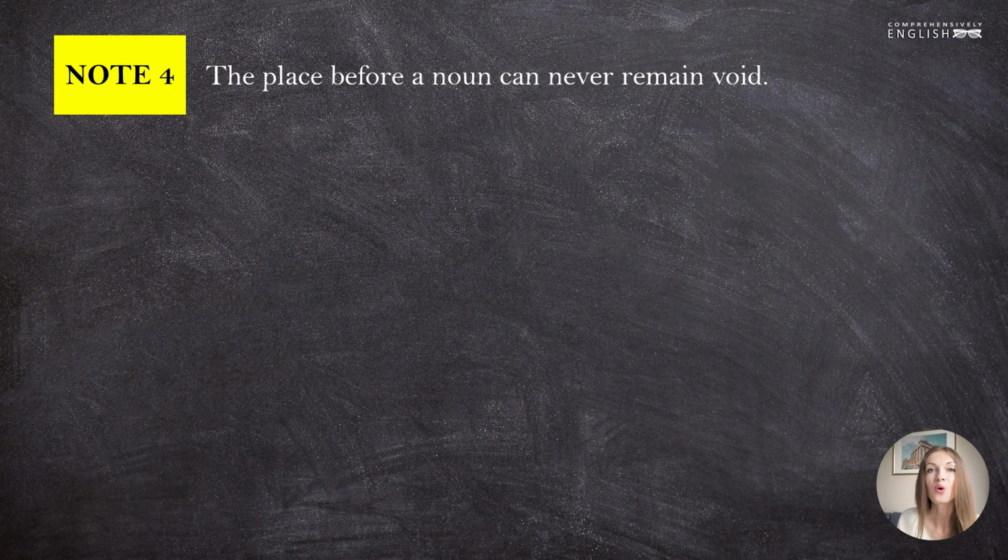There should always be something before a noun. And if there is nothing visible before a noun, the omission must be purposeful. If you use neither the nor a before your noun, it automatically means that you opt for the zero article, the use of which is also determined by the rules of grammar.